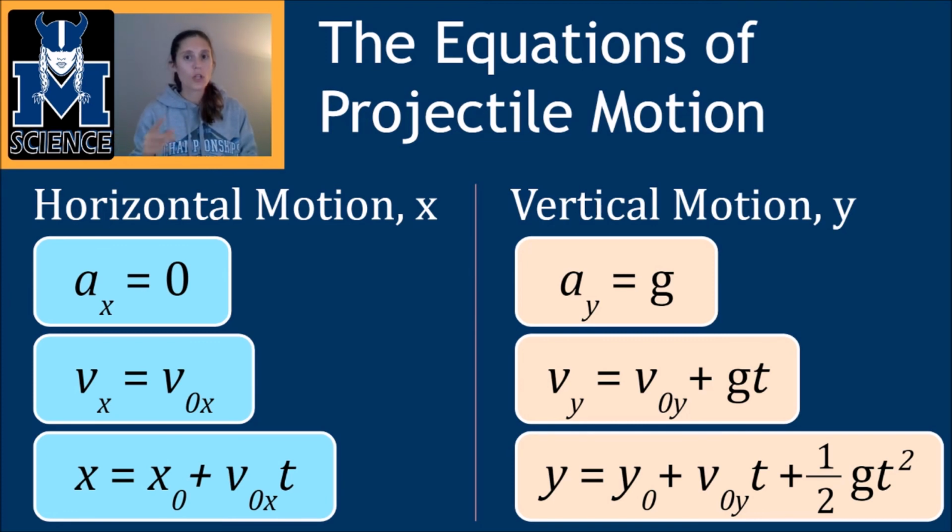Okay, so these should look familiar. And basically when we do projectile motion problems, you're going to split the initial velocity that you're given into its horizontal and vertical components. Okay, you're going to solve those equations for horizontal and vertical, and a lot of times you can figure out a time, and the time is what connects those two.